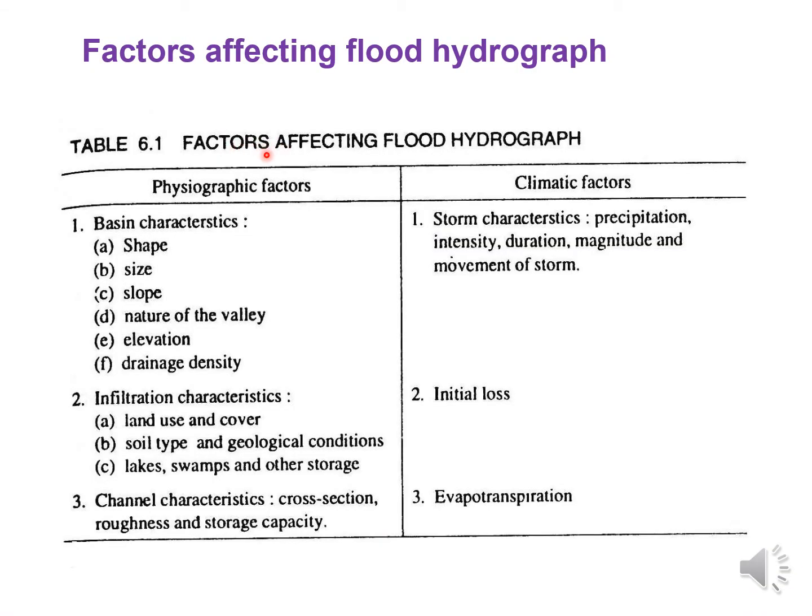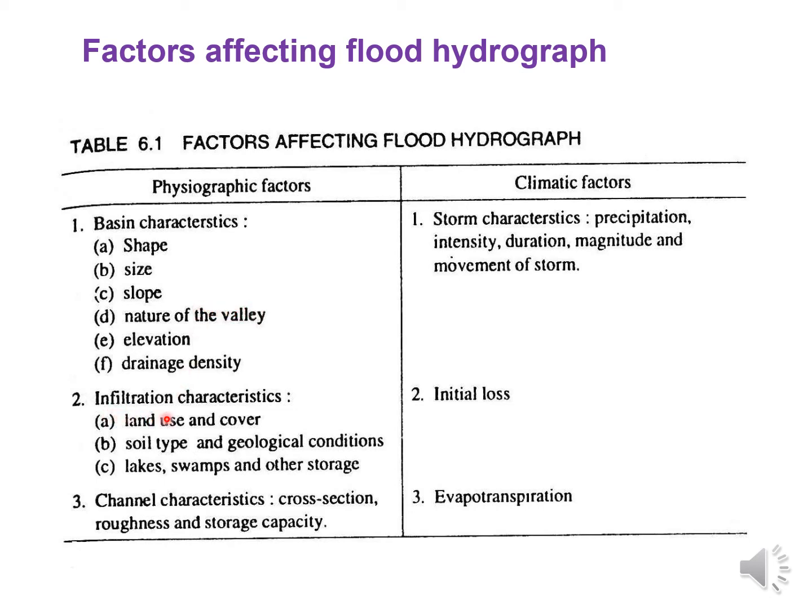The flat hydrograph depends on various factors. The factors which affect the flat hydrograph can be categorized as physiographic factors and climatic factors. In physiographic factors, basin characteristics such as shape of the basin, size, slope, nature of the valley, etc. affect the flat hydrograph.